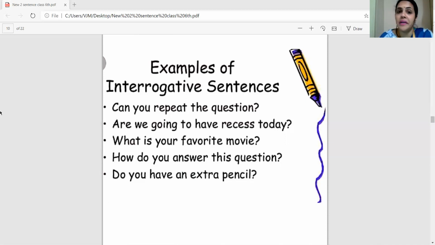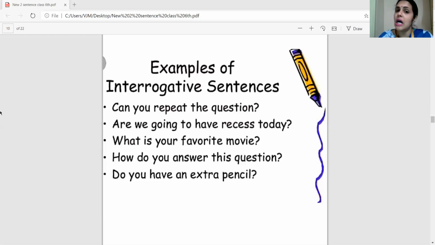The answers to WH questions may vary from a sentence to many sentences. But when we are asking an interrogative sentence with an auxiliary, it is always meant to be a close-ended question.